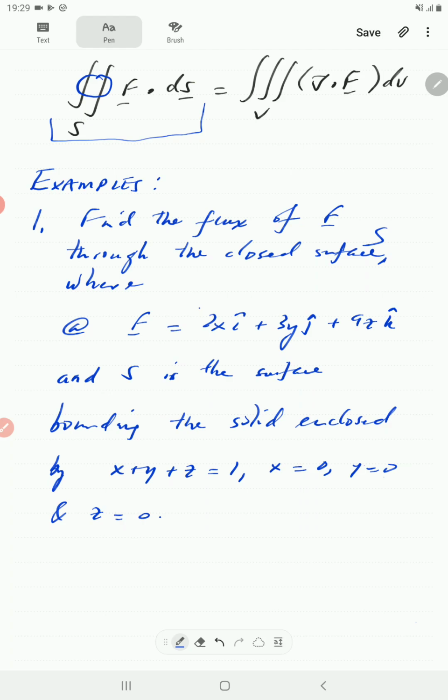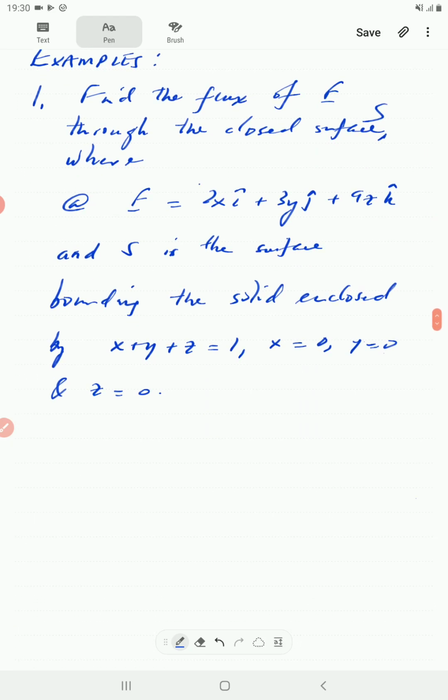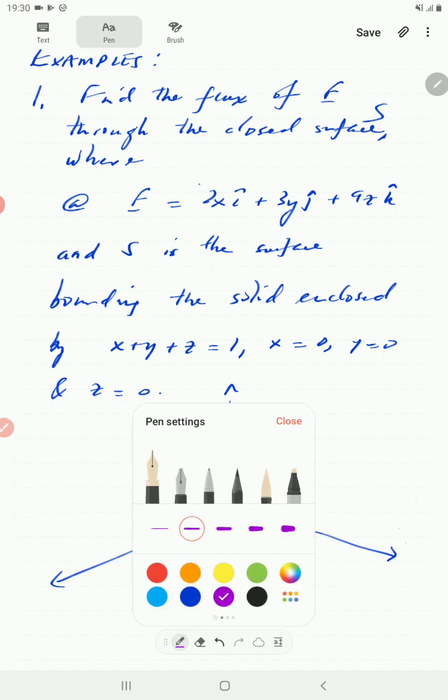So we're going to use the theorem, and I think we're going to find that it's shorter to work out the volume integral. So again, first thing is to make a sketch of the situation. We need to make a sketch of a plane.